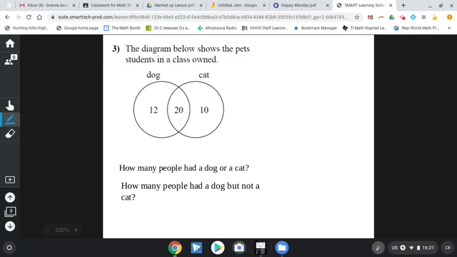These 20 are in the dog circle and they're in the cat circle, so they belong to both sets. Now, here's our first one where we're seeing the connecting word or. Recall that in math, or has a different meaning than in daily life. In math, it means a dog or a cat or both.